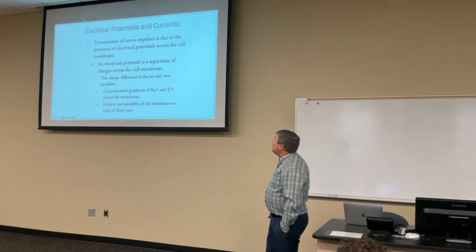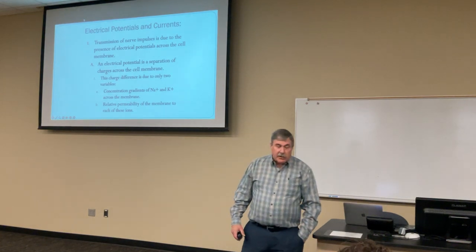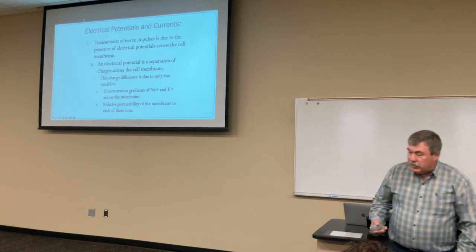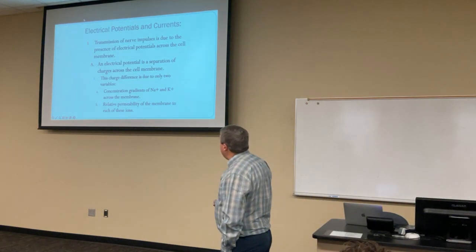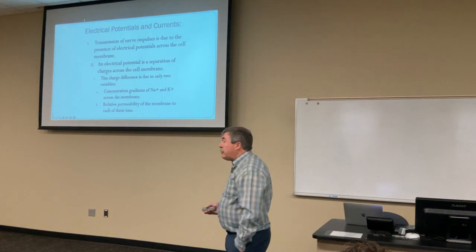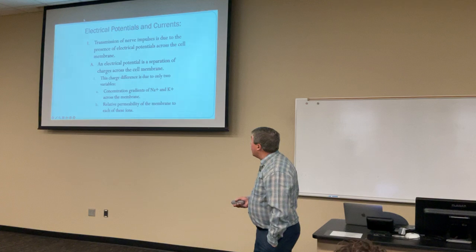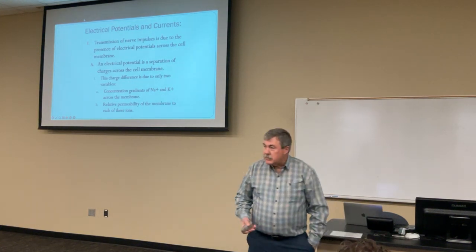Okay, so electrical potentials and currents are two terms that relate to the production of neural impulses. And so the transmission of nerve impulses is due to the presence of electrical potentials across the cell membrane in axons of neurons.